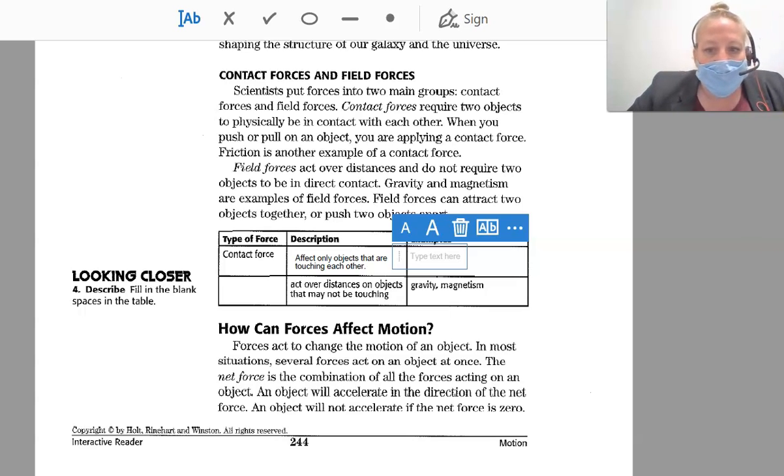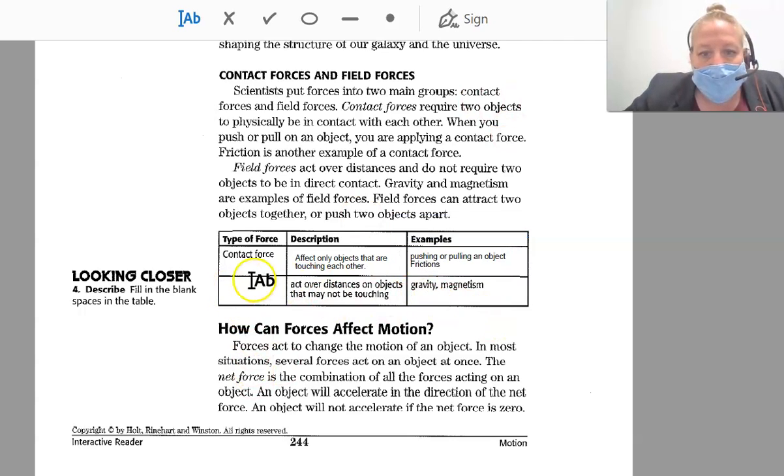This is when you are pushing or pulling an object. And it's also friction. Okay.